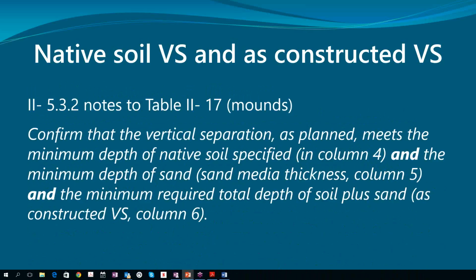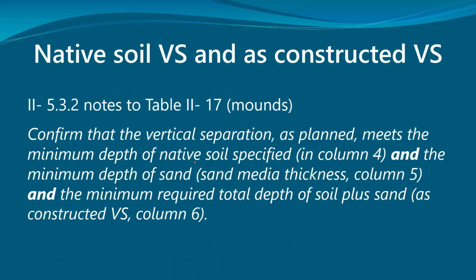And then for mounds, we have 3 columns. We have to get native soil VS. We have to get the minimum depth of sand, and we have to get the as constructed VS, which is native soil plus sand.